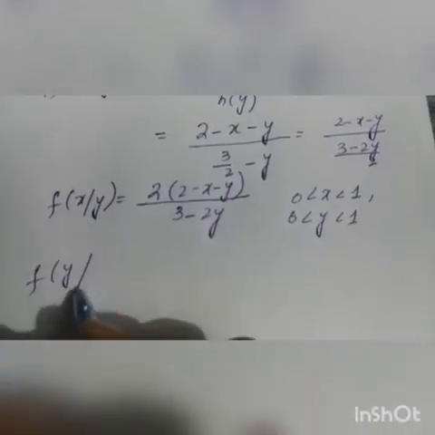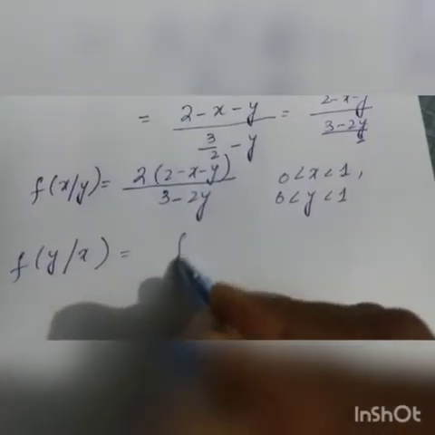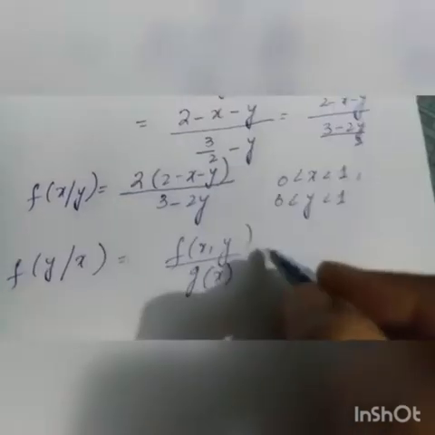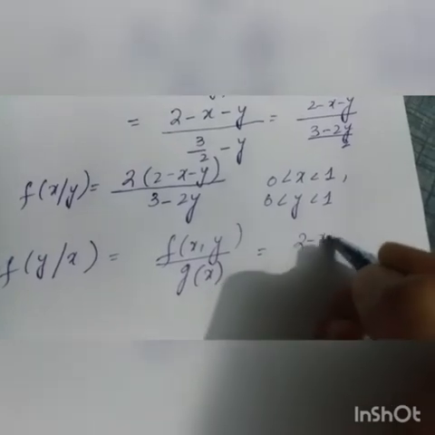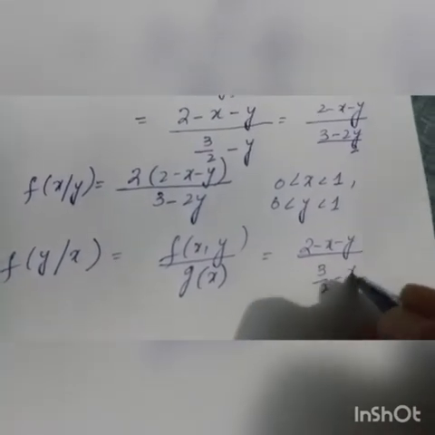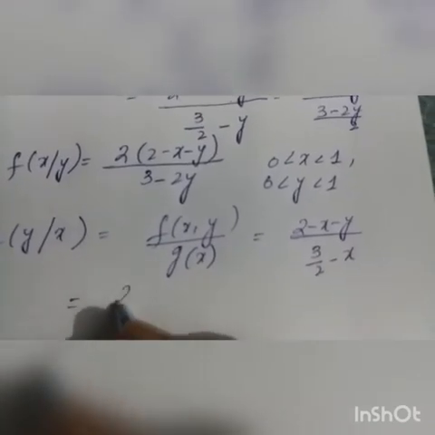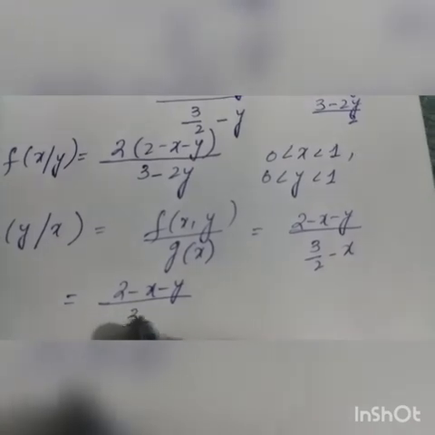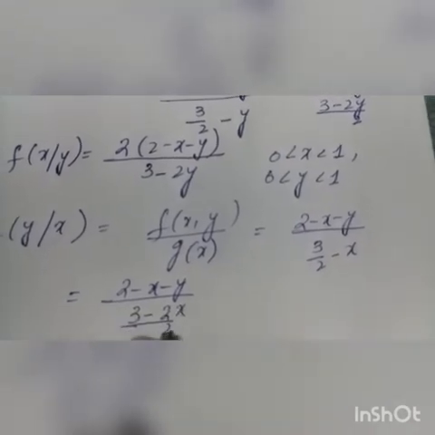Now I am going to find f(y given x). It means f(x,y) divided by g(x). The function f(x,y) was 2 minus x minus y, divided by 3 upon 2 minus x. Same, 2 minus x minus y as it is, and 3 minus 2x when we take the LCM.